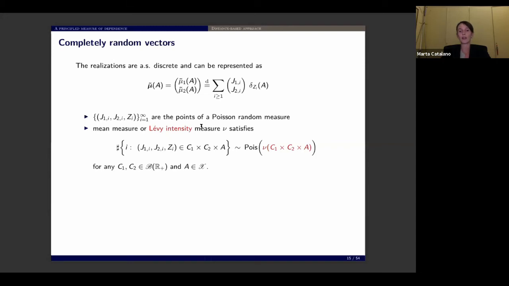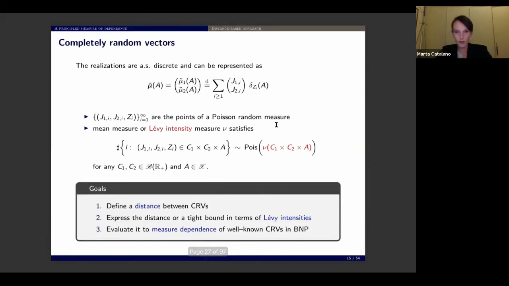And moreover, their law is completely characterized by an underlying Poisson random measure, which describes the law of the jumps of the two random measures and the set of common atoms. So in practice, if one wants to assign a law to a CRV, it is sufficient to assign the mean measure of the underlying Poisson random measure. And this mean measure is usually called the Levy intensity of the CRV.